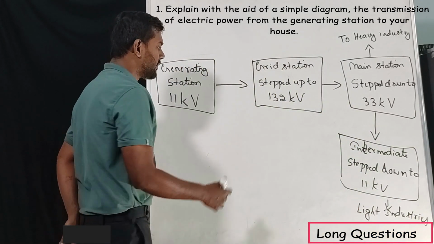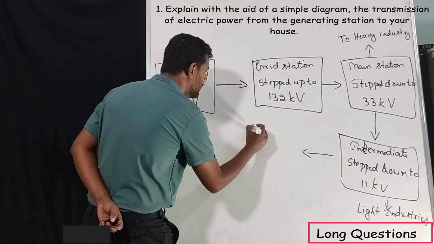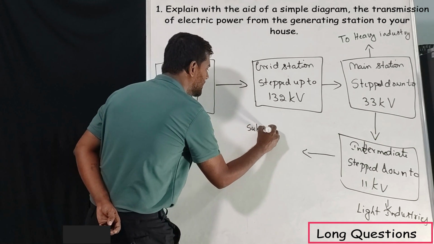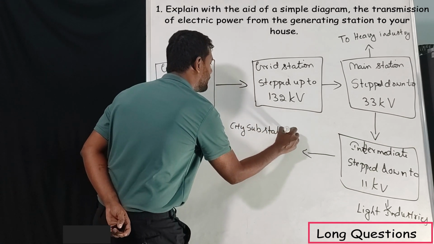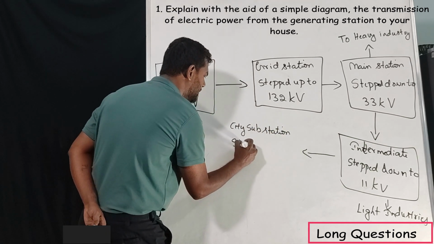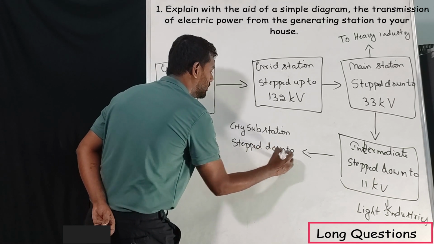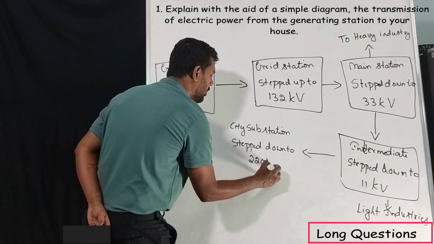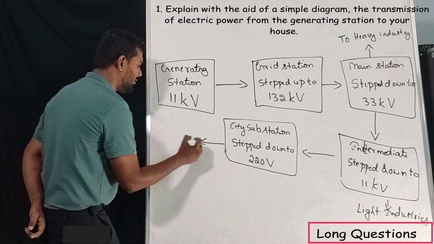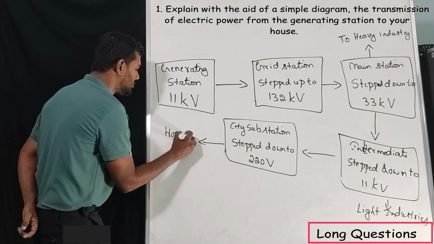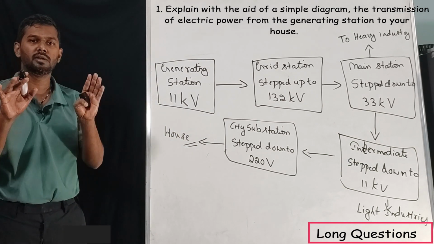Then again it is stepped down in one of the substations, the city substation, to 220 volts, and this will be given to your house. That's it. So this is the block diagram they require.